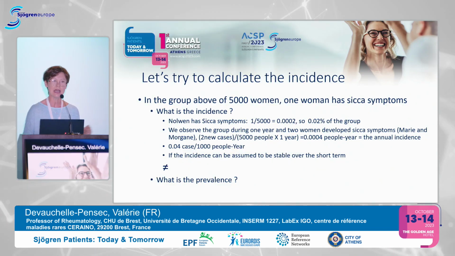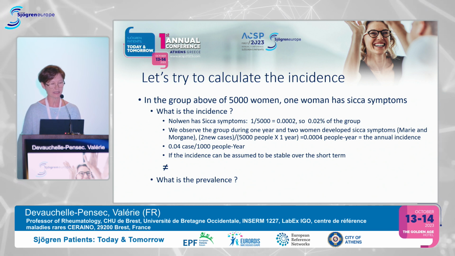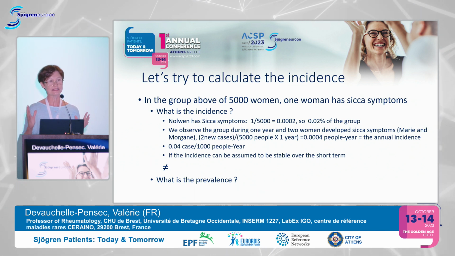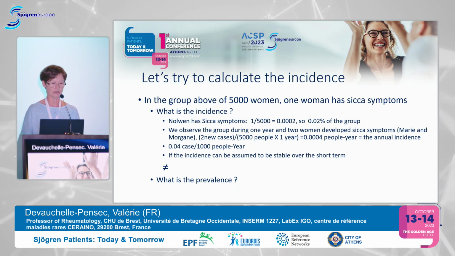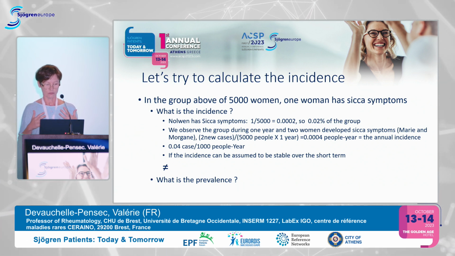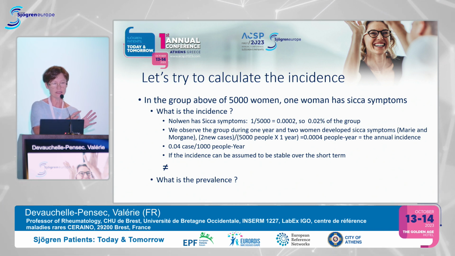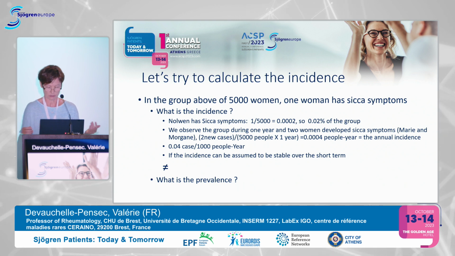For prevalence, I'm going to consider Nolwenn, Marie, and Morgan, all the women who still have Zika symptoms. So the prevalence will be 0.06. So that's what we do: for incidence, new cases only, and for prevalence, all the women here who have the disease.